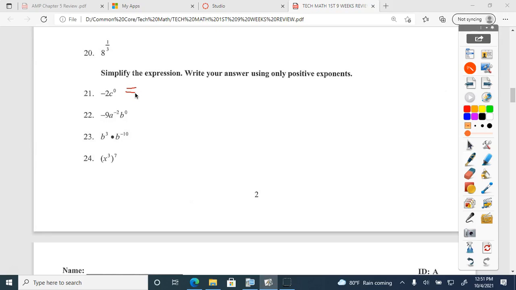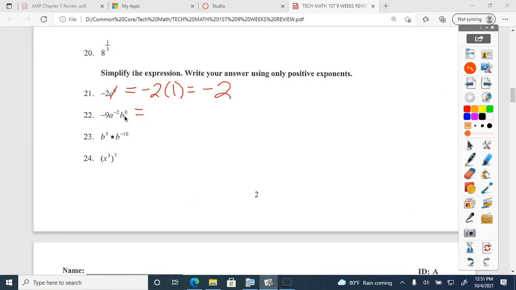No. So the only thing that becomes 1 is the what? The C. Okay? This is not equal to 1. It's equal to negative 2 times 1, which is what? Negative 2. Okay? Basically, the 0 power just cancels out the C to the 0 power. Everybody with me?